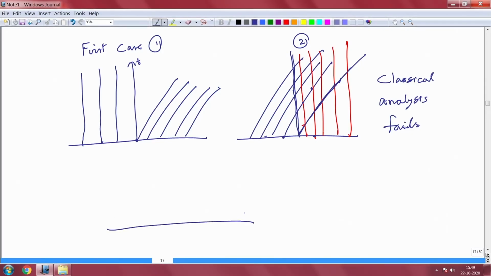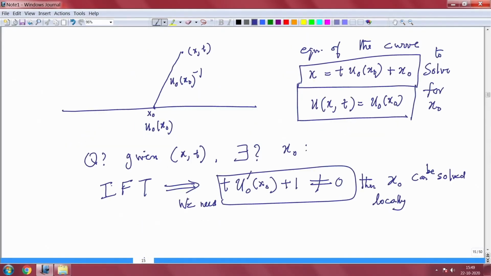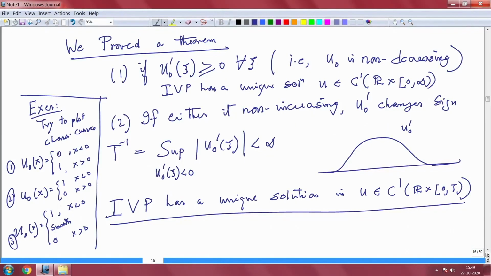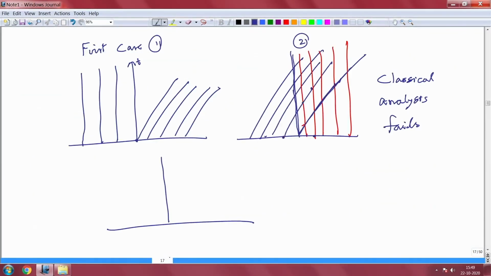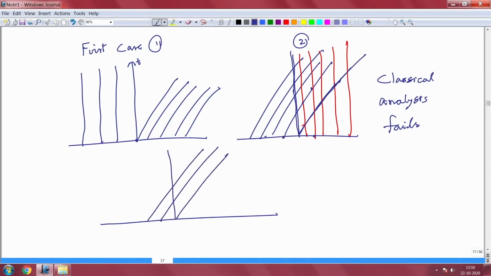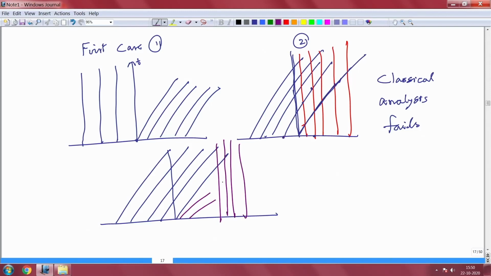In the third case, so you work out this example. In the third case, it is 1 here, after that it is 0. So from 1 you have something like that, and here it is slowly going, the other way it will go.